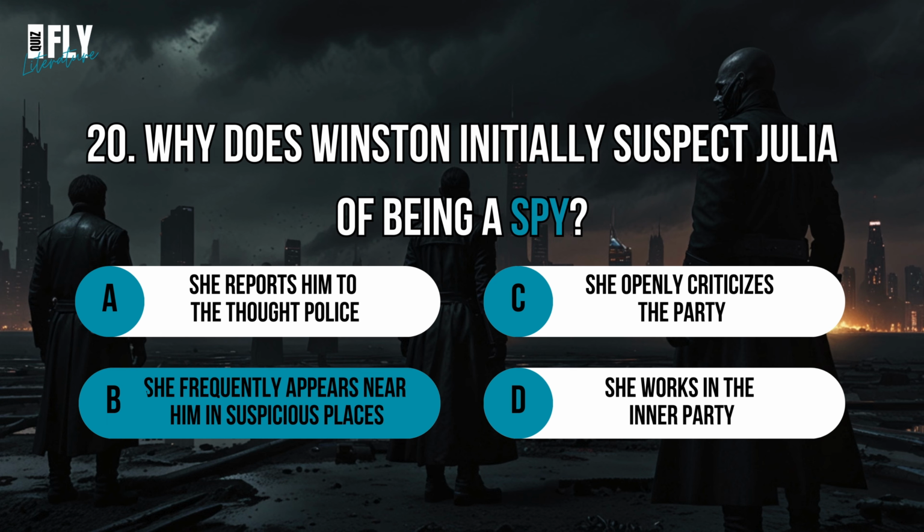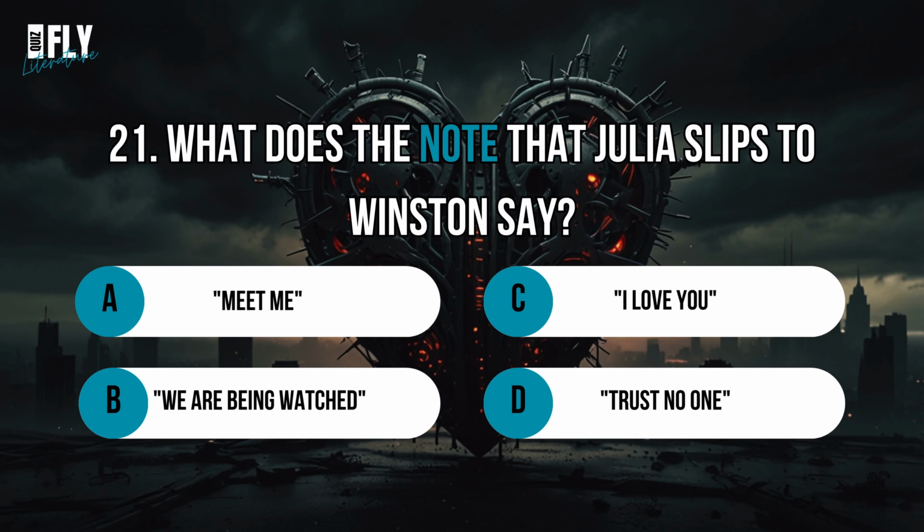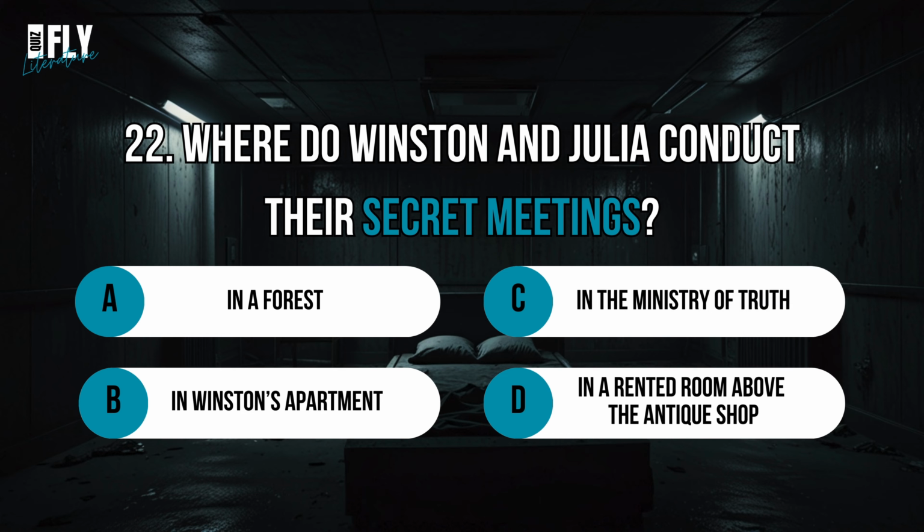She frequently appears near him in suspicious places. What does the note that Julia slips to Winston say? I love you.